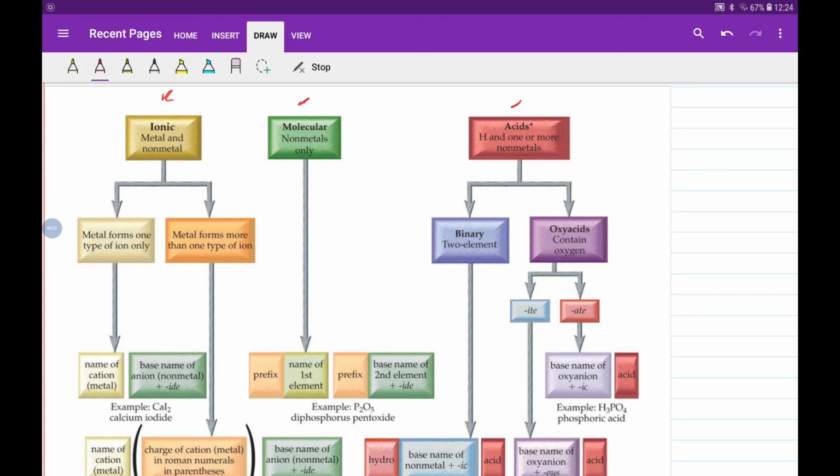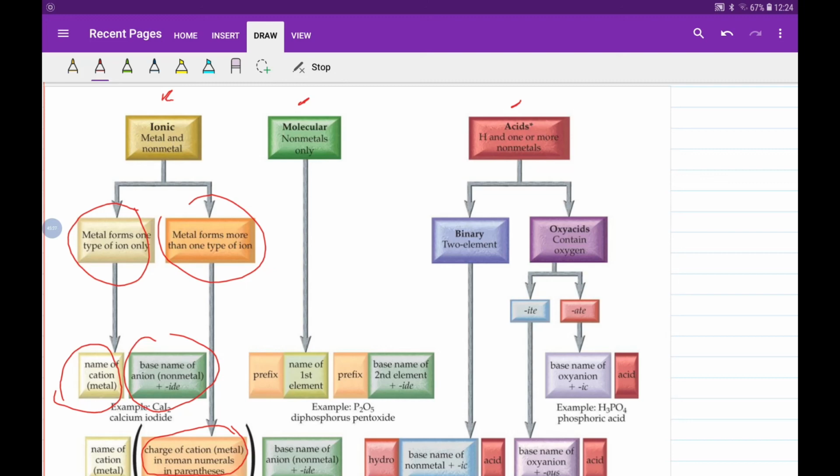If it's ionic, we need to determine if it contains type 1 or type 2 cations. If it contains a type 1 cation, all we have to do is simply name the cation followed by the name of the anion. That's it. If it's type 2, then in addition to naming the cation, we must include, using a Roman numeral, the charge on the cation, then followed by the name of the anion.